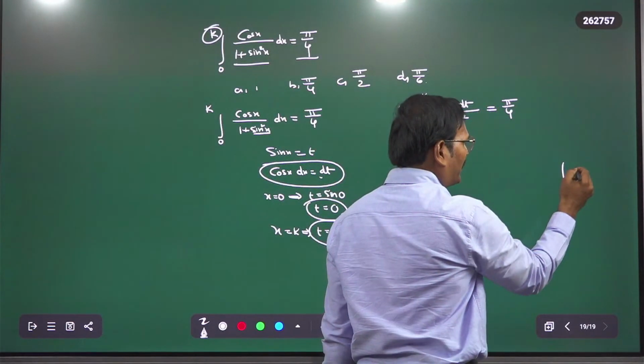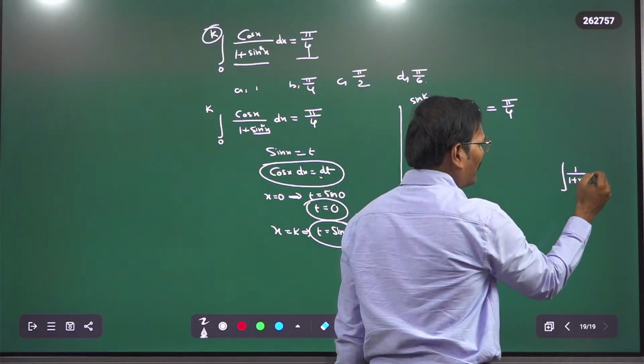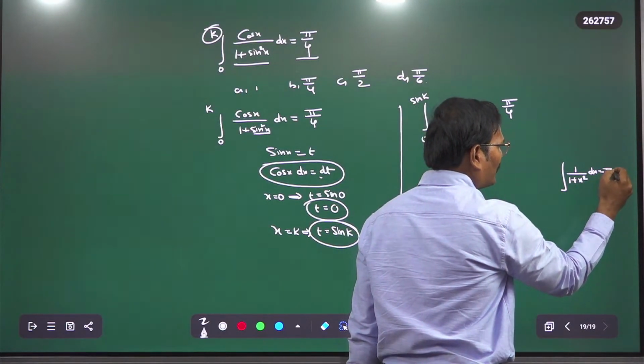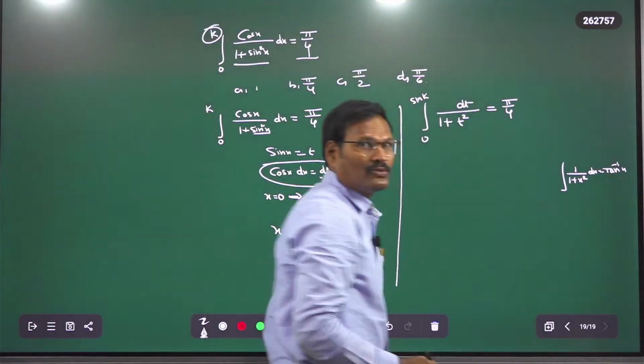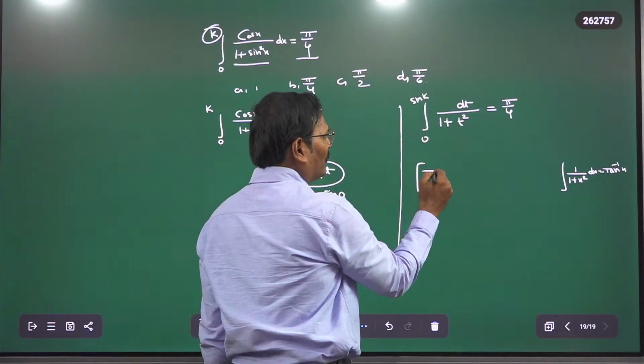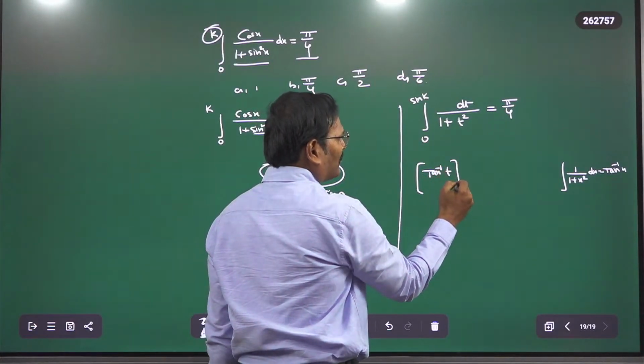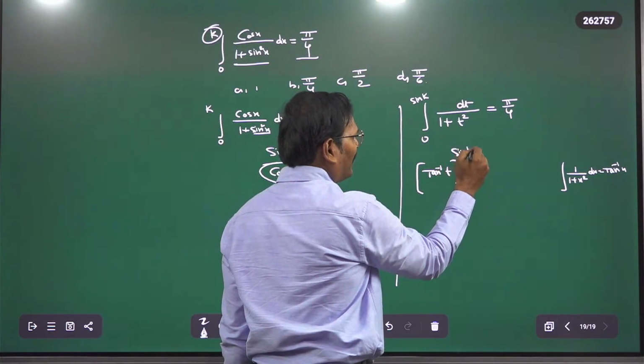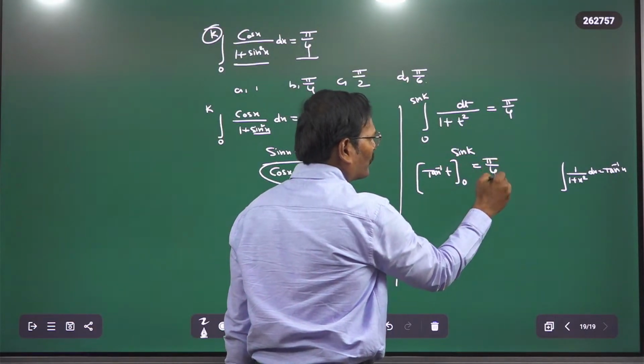In indefinite integration we have the formula integral 1 by 1 plus x square dx is equal to tan inverse x. So I am using this formula here: tan inverse of t from 0 to sin k equal to pi by 4.